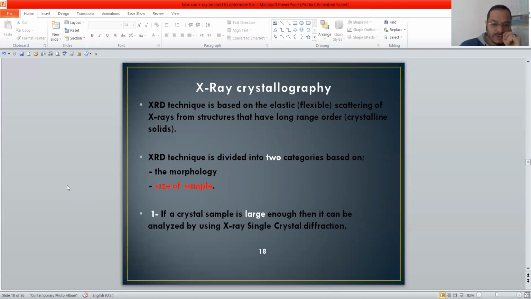If a crystal sample is large enough, then it can be analyzed by using X-ray single crystal diffraction, XRD. That's the condition: the sample must be large enough to deal with X-ray diffraction.